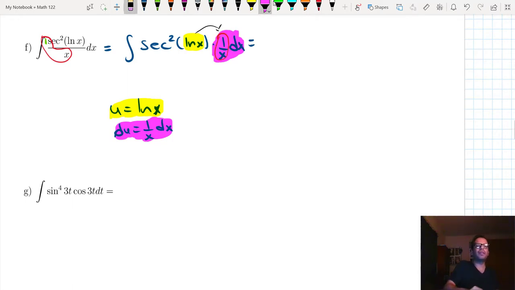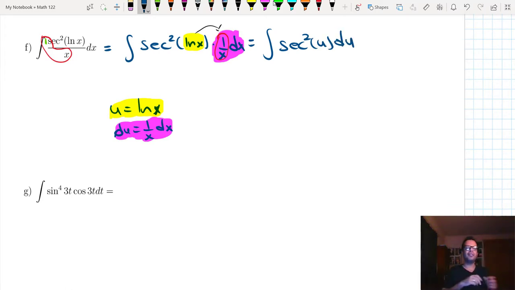Now let's rewrite this in terms of u: the integral of secant squared of u du. And the integral of secant squared is one of those direct formulas. The integral of secant squared is tangent, because if you take the derivative of tangent, you get secant squared.